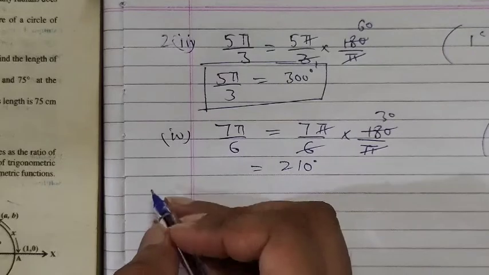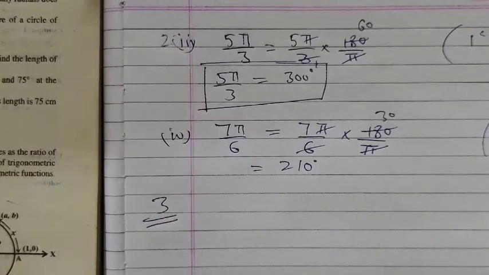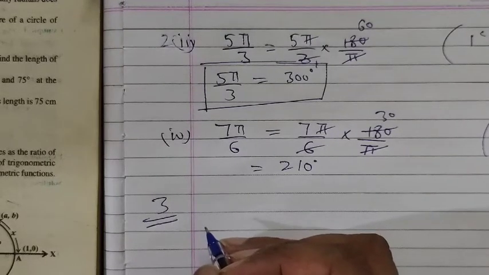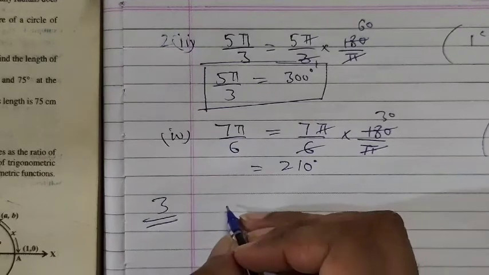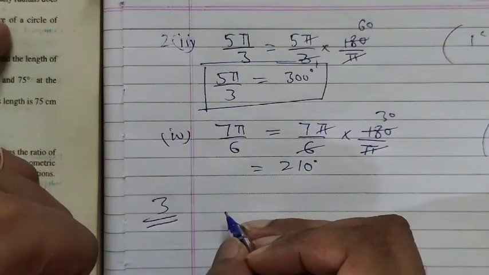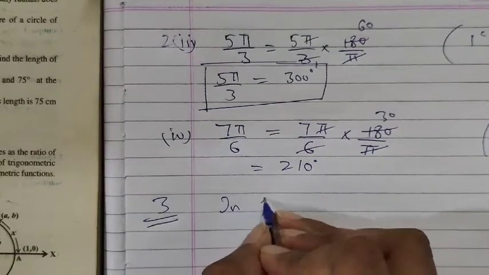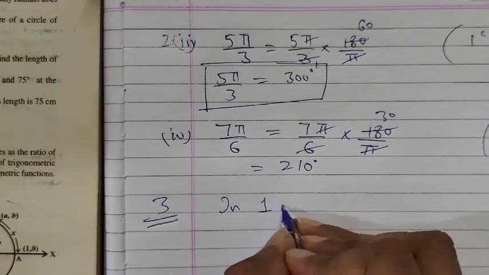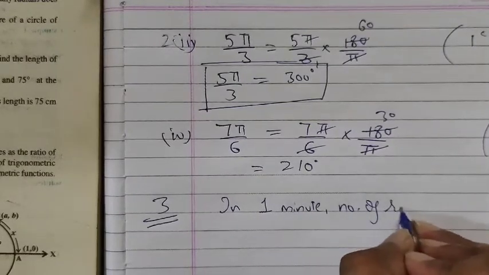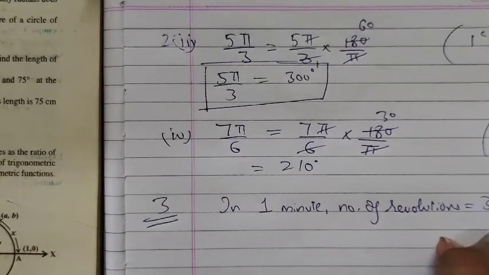Next, let's take question number third. A wheel makes 360 revolutions in 1 minute. So in 1 minute the wheel is making 360 revolutions. Through how many radians does it turn in 1 second? That means in 1 minute, that is 60 seconds, the number of revolutions is equal to 360.